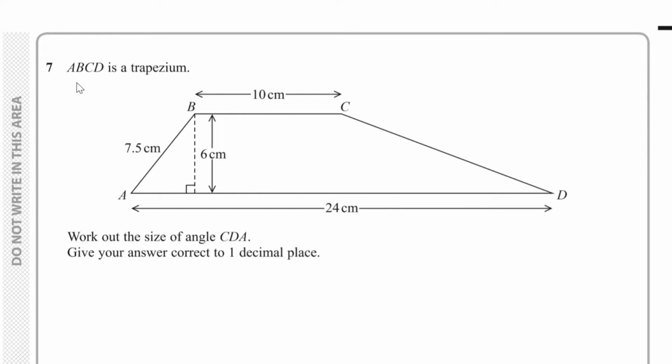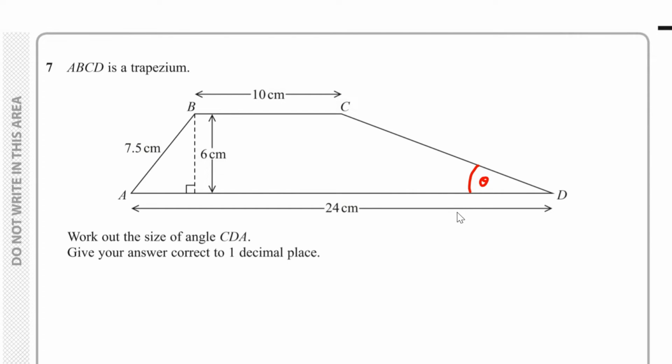Question 7. ABCD is a trapezium, and that's what we see here. We have to work out the size of the angle CDA. Give your answer correct to 1 decimal place. So we need to work out the angle shown here. We'll mark this angle as theta.